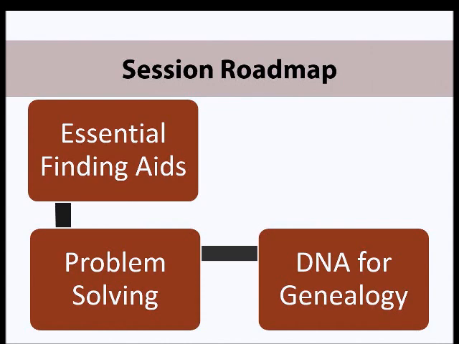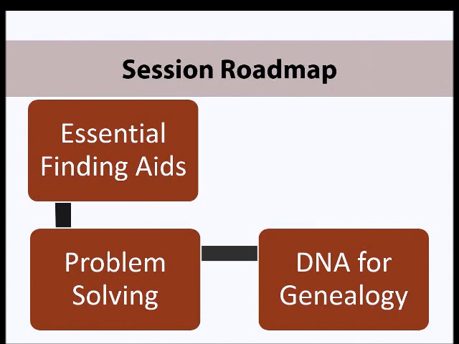Thank you. Now that you have all been introduced to the basic principles of genealogical research and also the key sources of genealogical records, how do you go about finding those records? As I've said before, records vary by state and by time period.